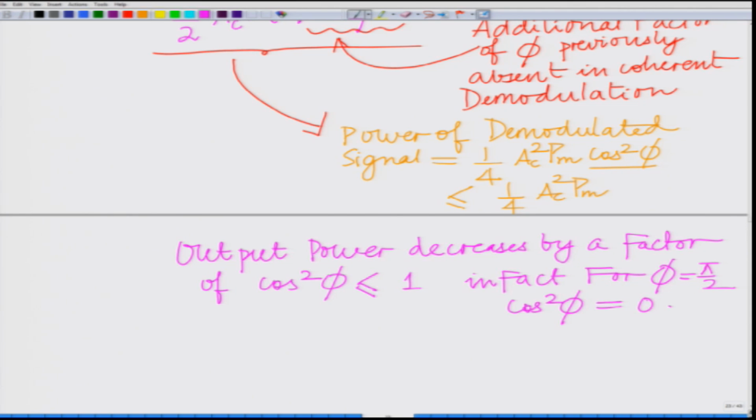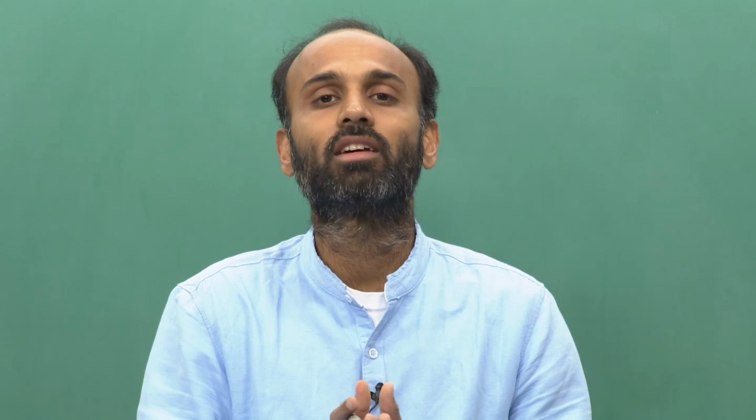If the phase difference phi is pi by 2, that is, the locally generated carrier is pi by 2 out of phase with respect to the carrier wave in the incoming signal, the output power is 0 once you low pass filter it. The output power, which is proportional to cosine squared phi, is 0, because the locally generated carrier is completely out of sync, correct. So, it is orthogonal to the carrier wave in the incoming signal.